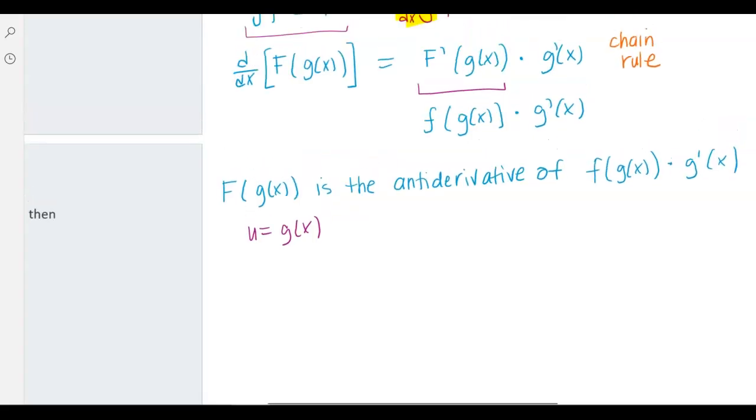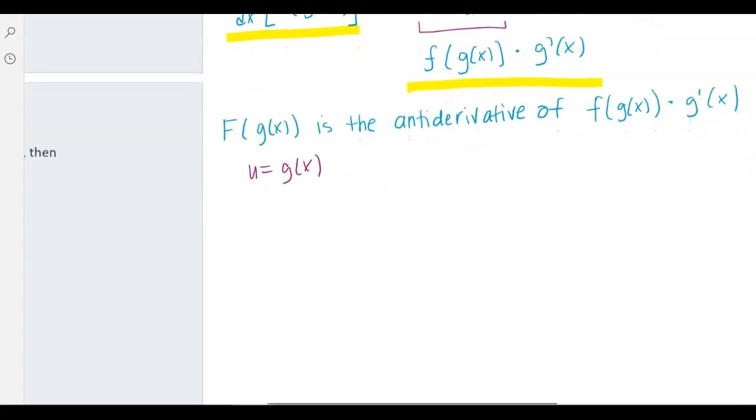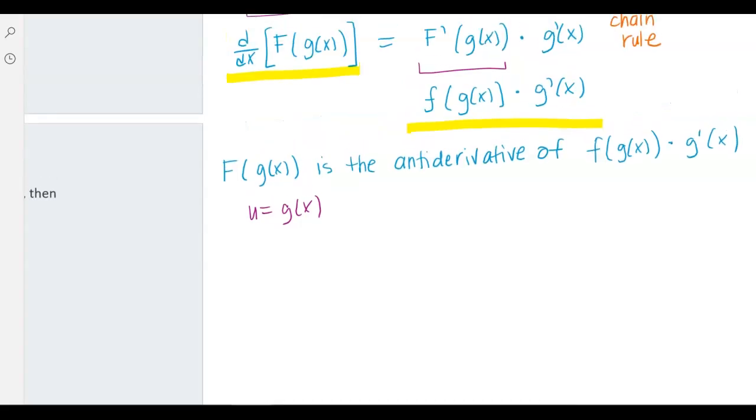So looking at this and this, I'm going to write the one on the right. I'm going to switch the sides of these. I'm going to take the integral of both sides of that. I'll write the integral, the one that's on the right-hand side first, f of g of x times the derivative of g is going to equal the integral of the left-hand side.